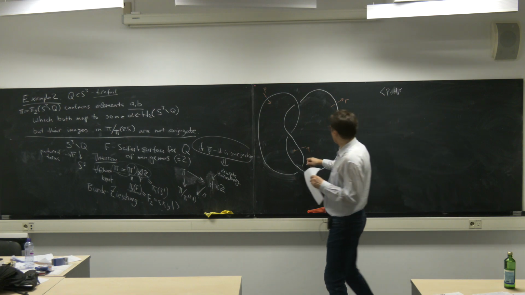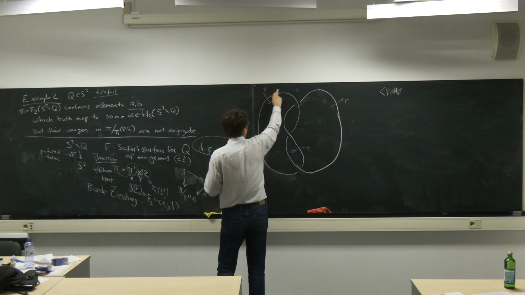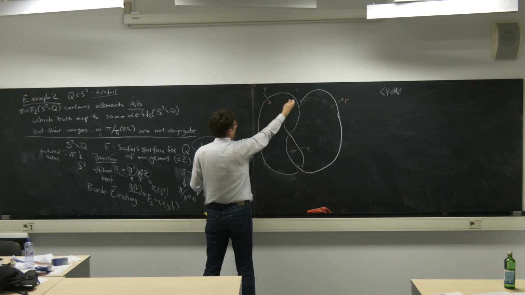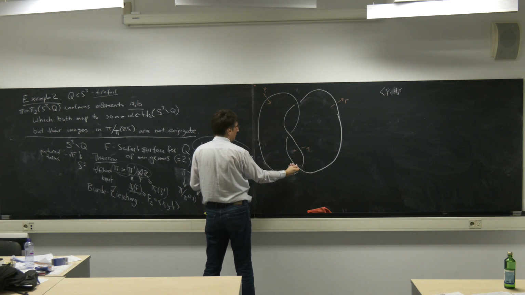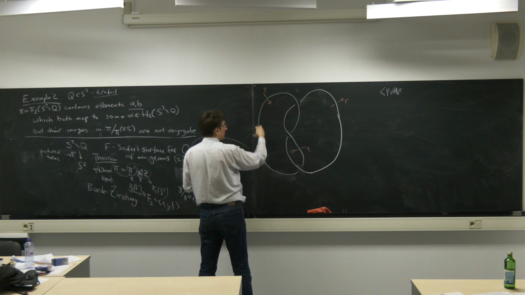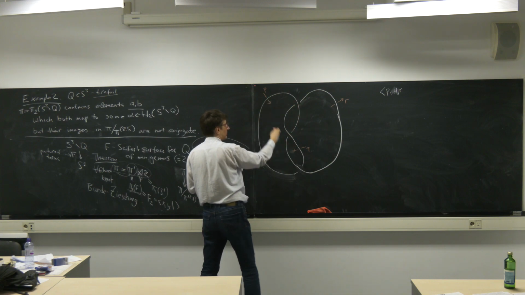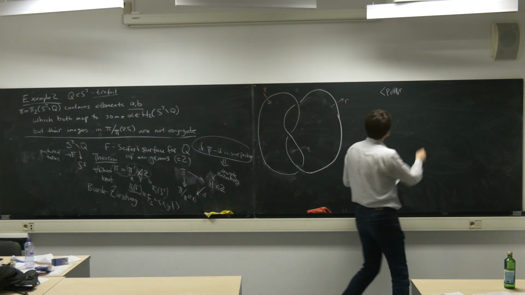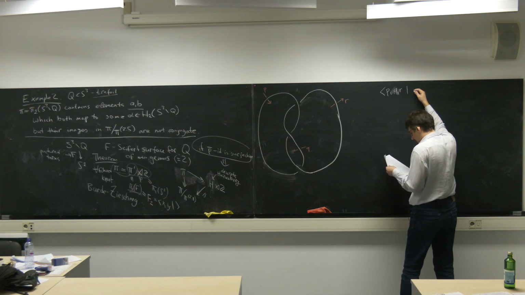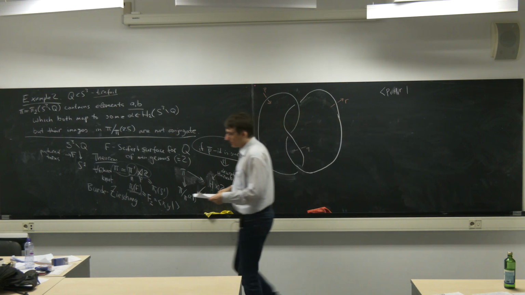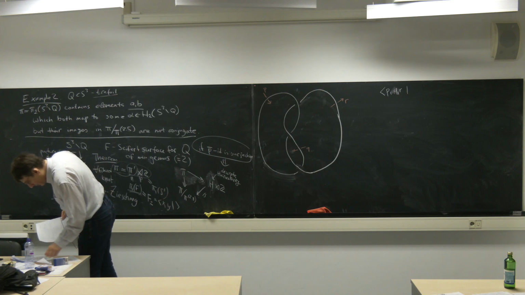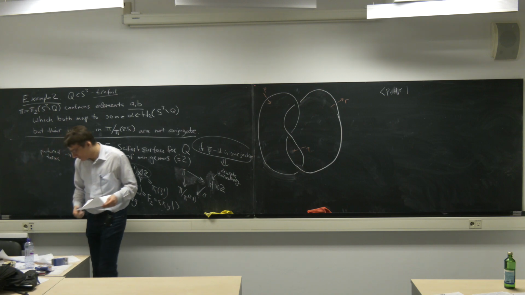If you look at this, every arc of this plane diagram, there are just three arcs. So the relations are as follows.